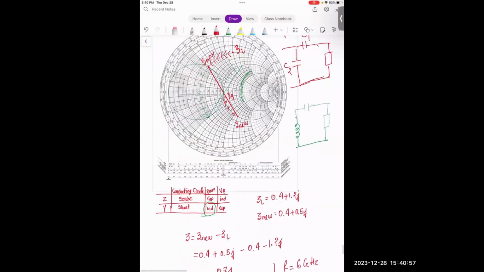And the same thing for LC matching, if you follow the previous example which I uploaded.